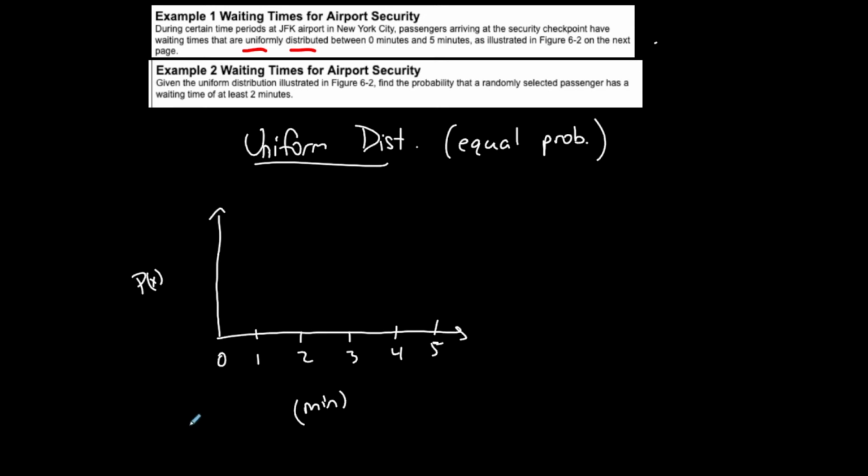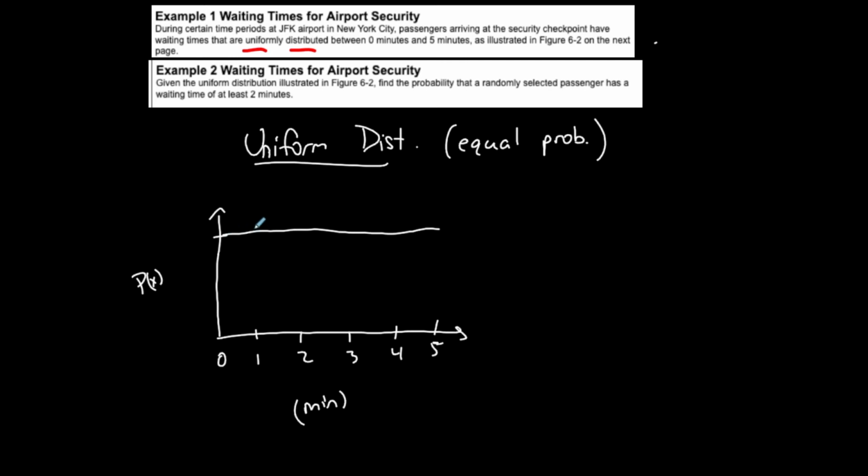Because every outcome here has equal probability, if you think about it, the total area under the curve has to be 1. In a uniform distribution, every single outcome has an equal probability.